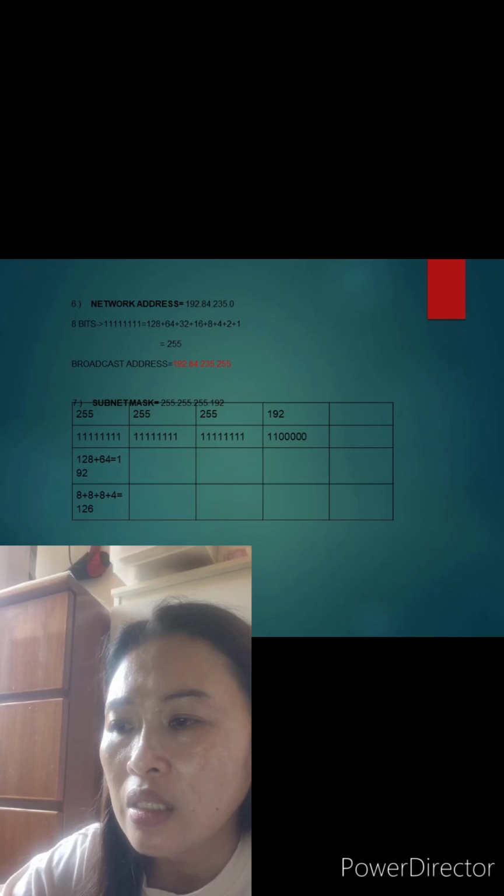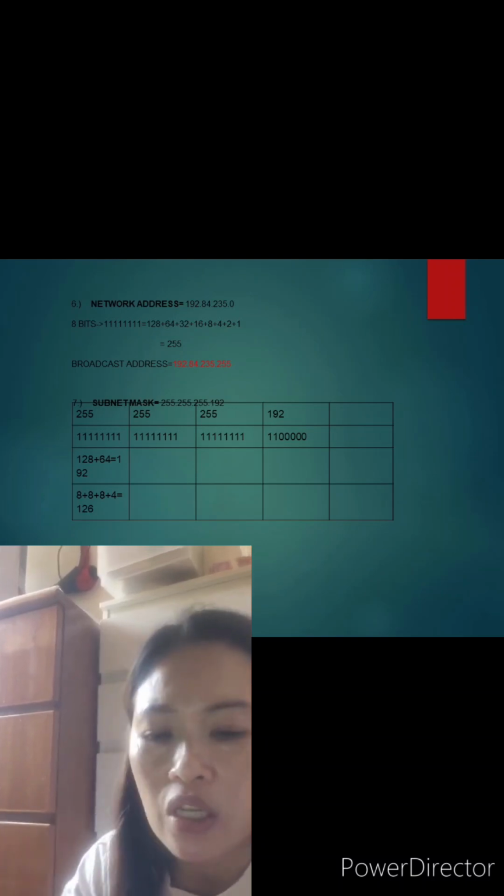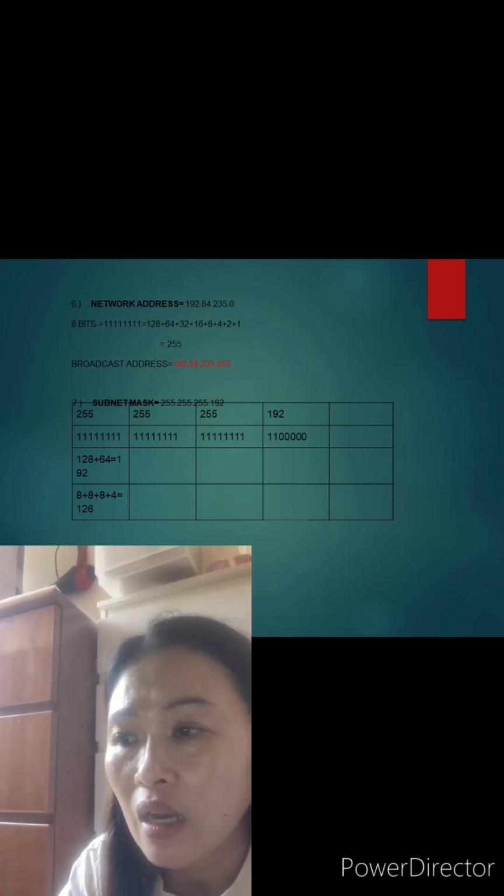So 8 is greater than 5, that's why 1. 5 is greater than 4, so that's 1. It's the same explanation as in the other table.